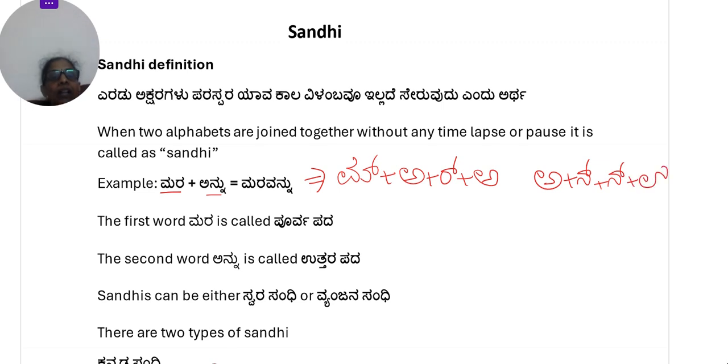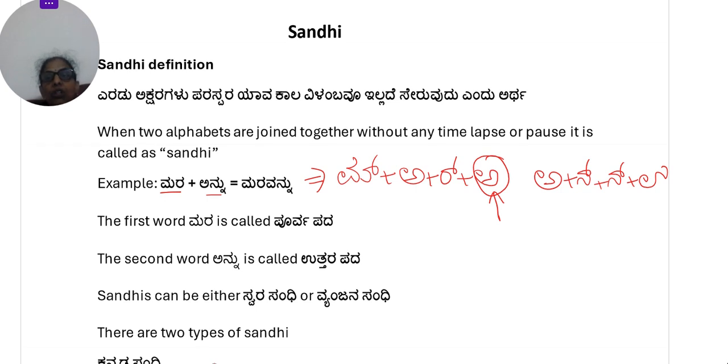So here, how you will tell it as Swara Sandhi is, the last alphabet of the first word. What is the first word here? Mara. And what is the last alphabet? After we split, it becomes like this. The last alphabet is A. And what is A? A is a Swara. Now let us look at the second word.